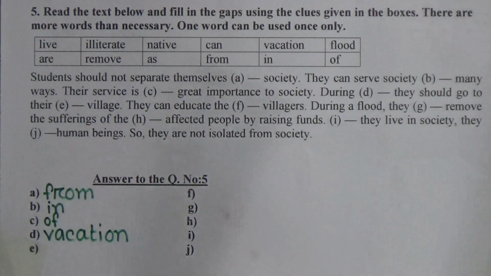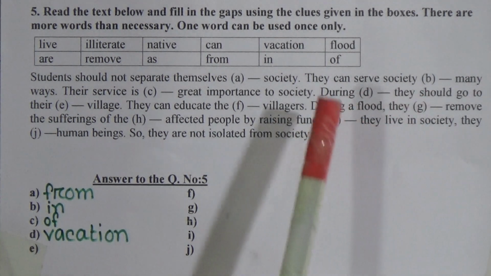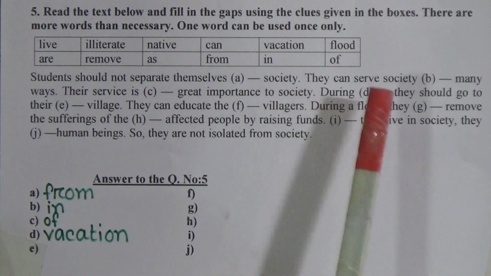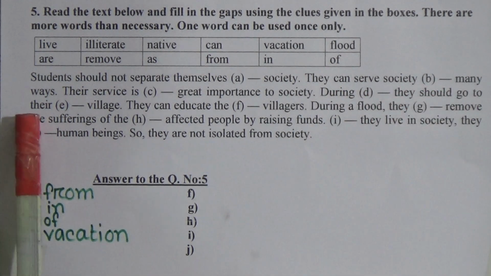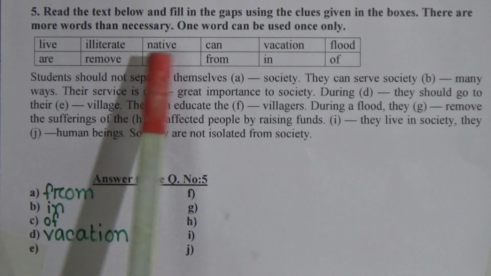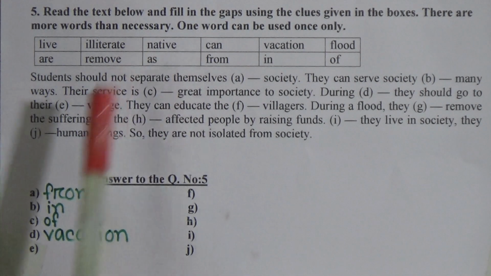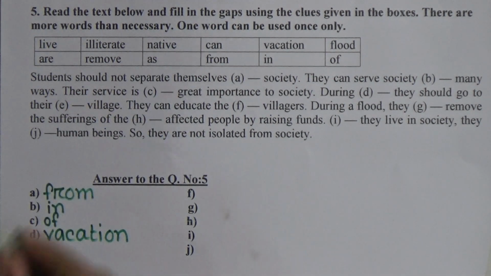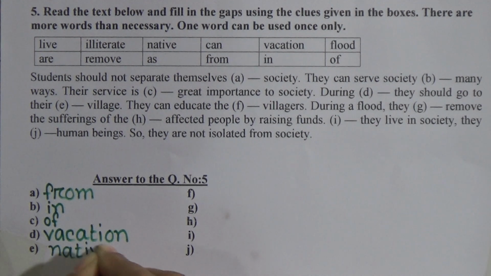Okay, for number E, the sentence is the same. During vacation, they should go to their dash village. Which village? We know the word native. Native village. So in number E, we have to write native.